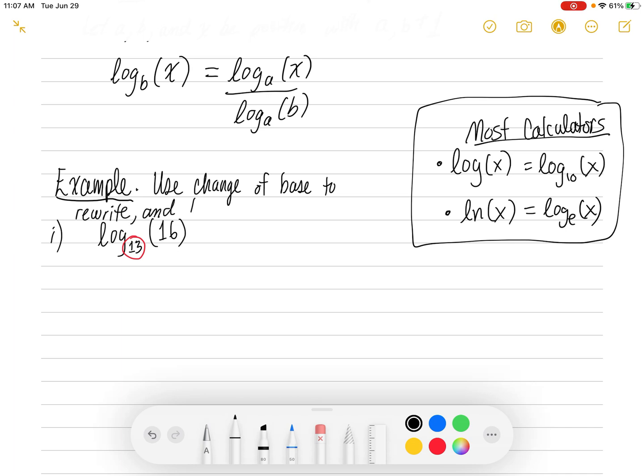So my instructions here are: use change of base to rewrite, and then approximate in a calculator.